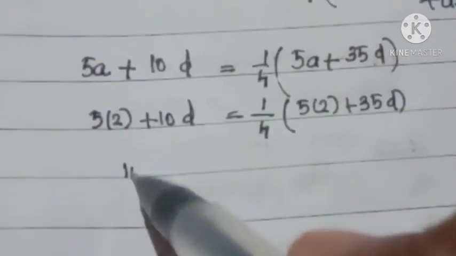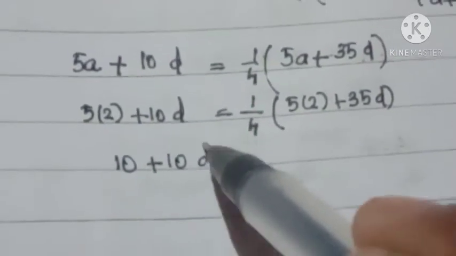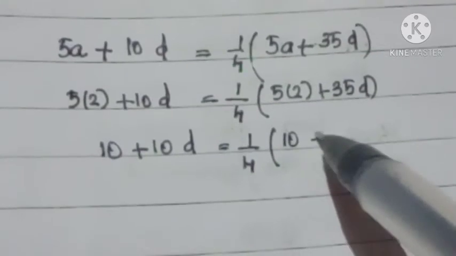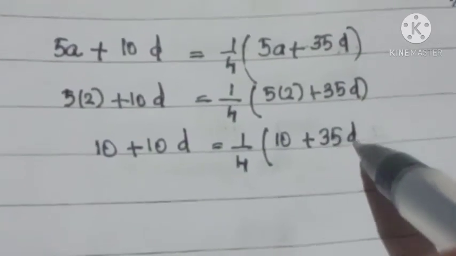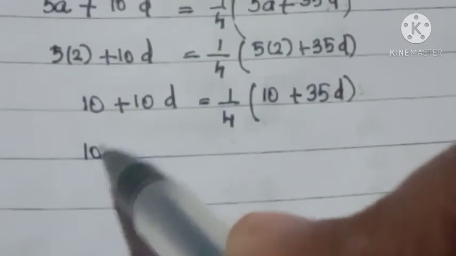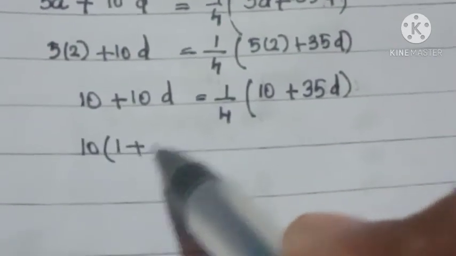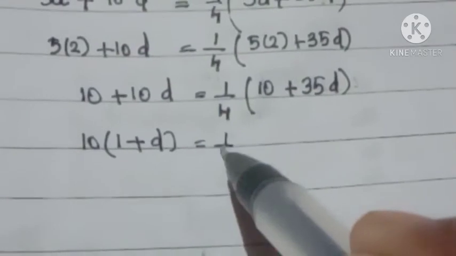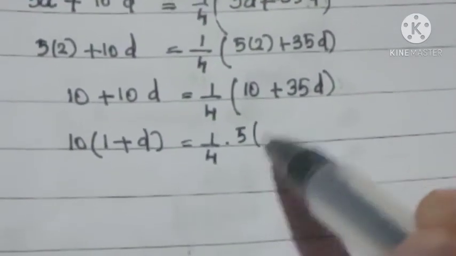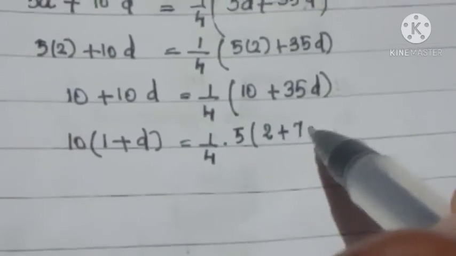5 into 2, 10. 10 plus 10D is equal to 1/4 of 10 plus 35D. Now simplification. Here 10 is common, so take it outside. 1 plus D is equal to 1/4 into, here 5 is common, so take it outside, 2 plus 7D.